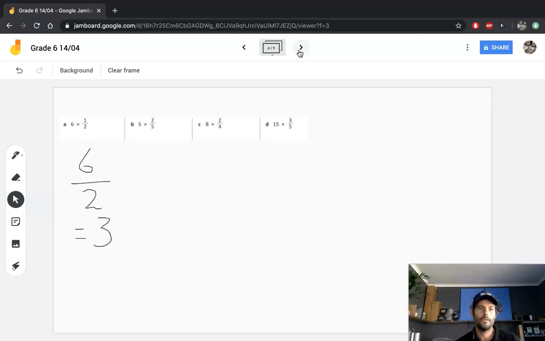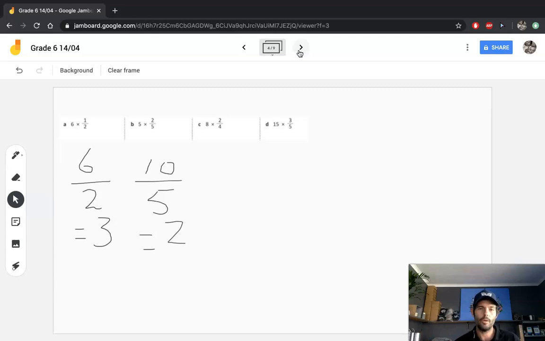With 5 times 2 over 5, again, you need to write out 2 fifths 5 times. Once you've done that, you should have 10 over 5, and that is equal to 2. Remember your fraction means your numerator divided by your denominator. So 6 divided by 2 is 3, 10 divided by 5 is 2.